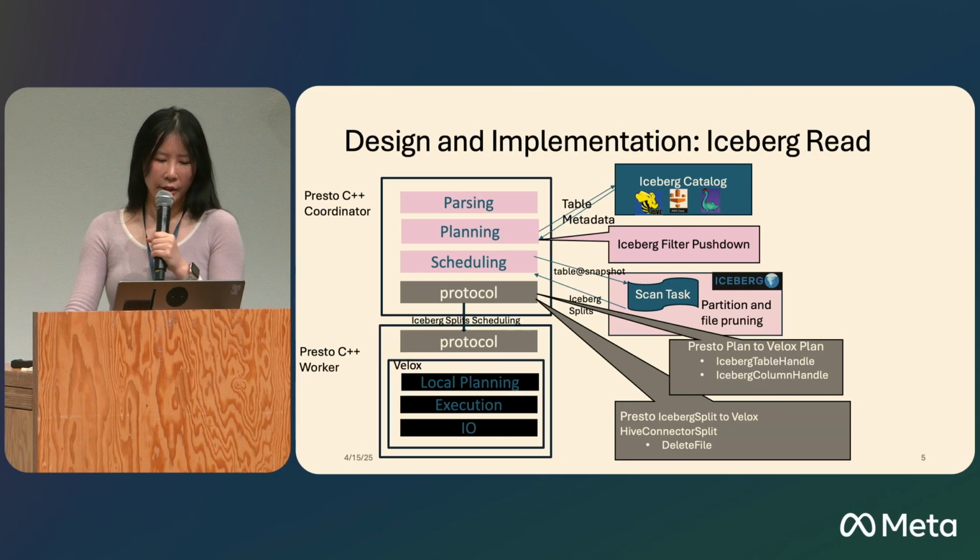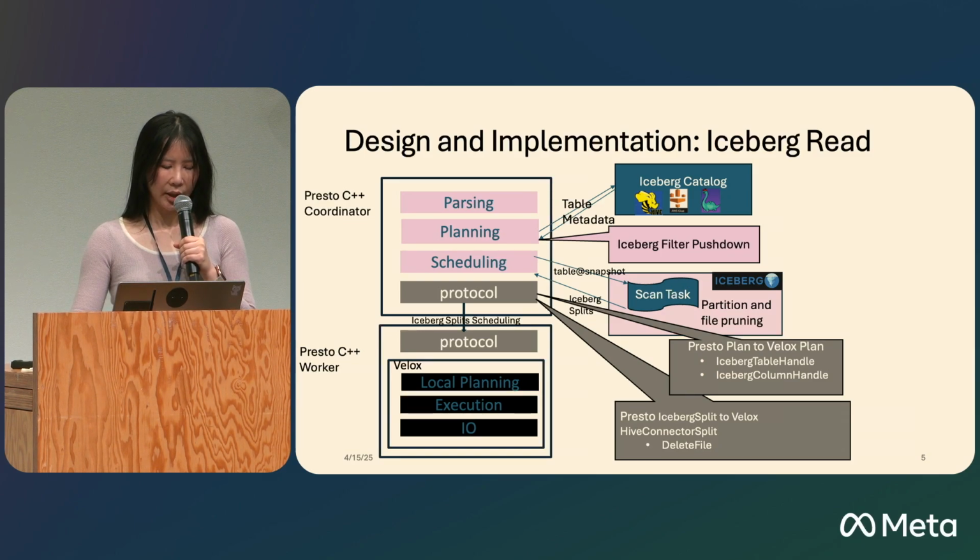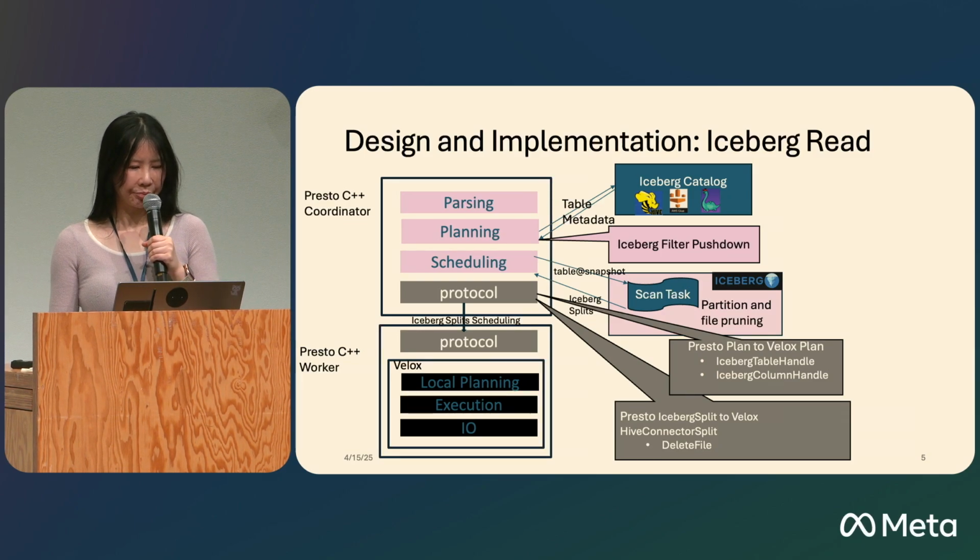Okay, so let's first quickly recap the design and implementation of the Iceberg read. For Presto, the architecture is that there are one or several coordinators and a bunch of workers.